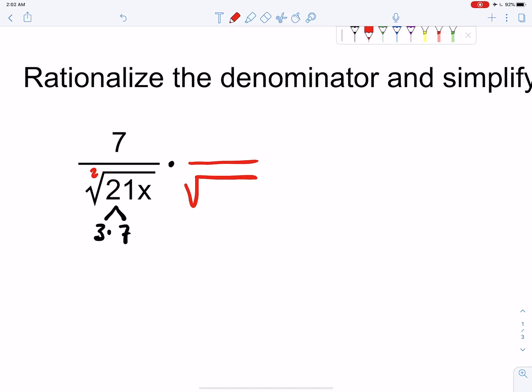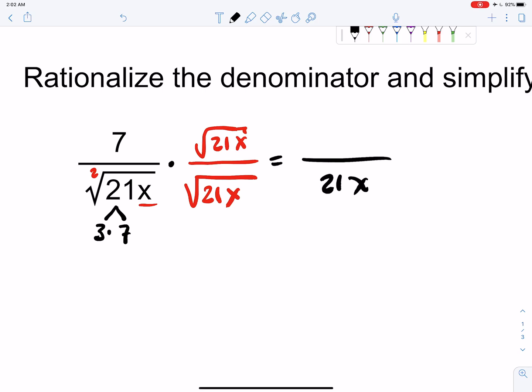I've got 21x. Well, I really need another 21x to make a perfect square. I've got one x, I need another x. So multiply the denominator and numerator by the square root of 21x, and that will rationalize our denominator, because now I've got the square root of 21x times the square root of 21x, which is just 21x. And then down below, I've got 7 times the square root of 21x.